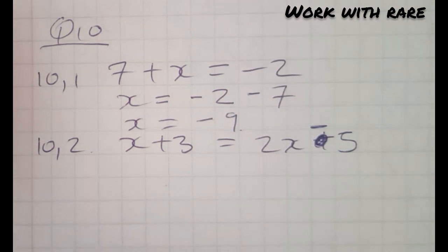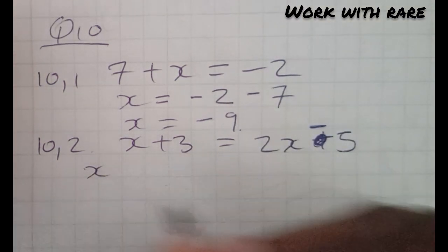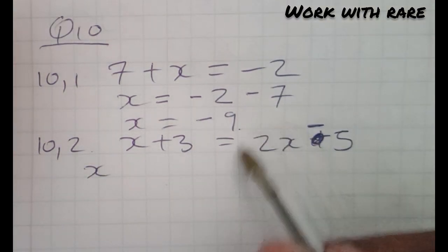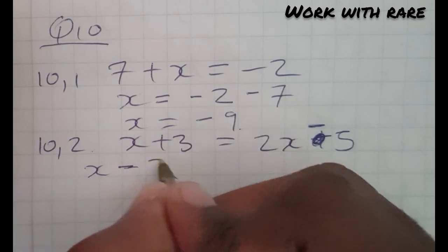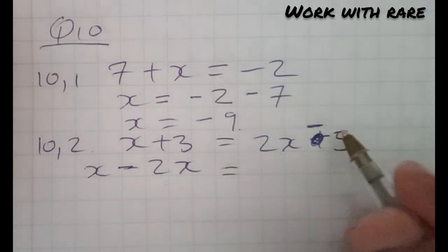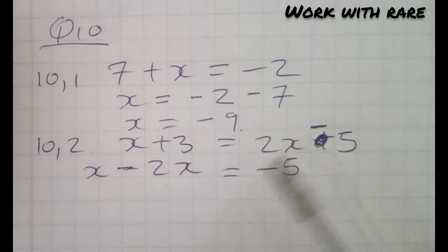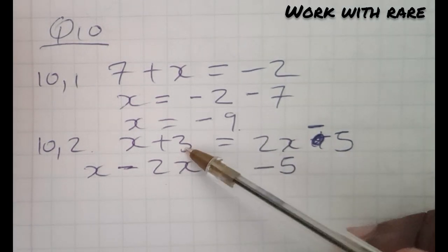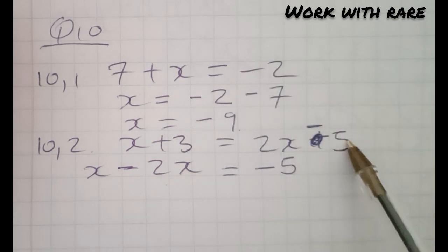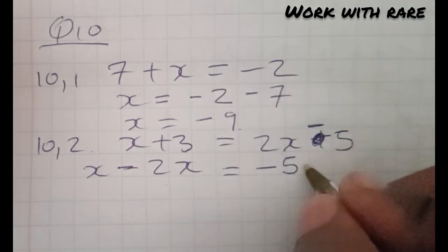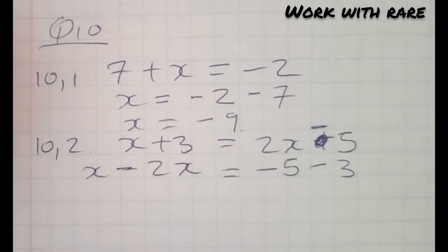So here I'll remain with x. Here it was positive, now here it will be negative, and here we have -5, so be careful of the signs. So 3, that side, it was positive. When I take it to the right hand side, it will be negative, hence I will say -3.